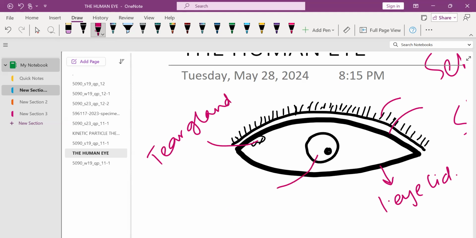This is the iris. This is the pupil. This white area of our eye is the cornea, which is transparent.